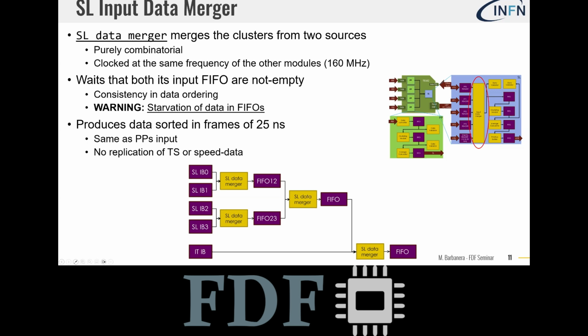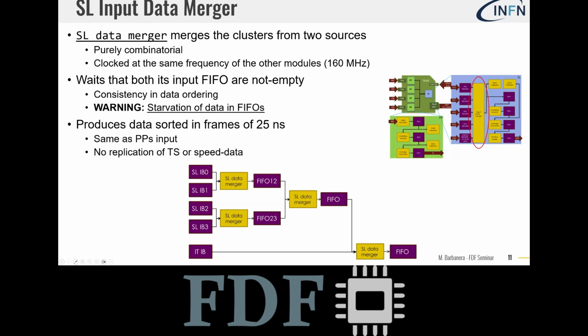Yes, okay. These fake data are used here to avoid that one of the two FIFOs remains empty, because if that is the case, this data merger cannot read data from any of the input buffers, and then in turn does not write data into this FIFO, so that this one is blocked and this one is blocked in turn. So if just one of the preprocessing does not produce data, either because the TDCBs are not producing data or just because we are missing something, this would block the whole system.